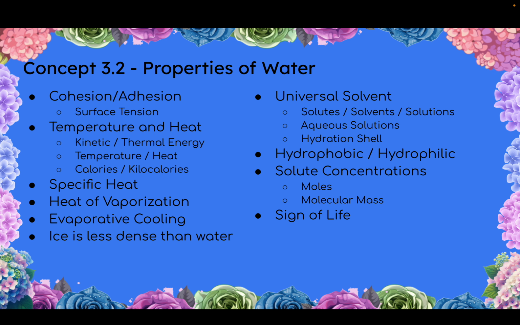Basically, one result of cohesion is surface tension. I'm pretty sure we all know what surface tension is. If you have a glass of water that's really full, then you start dropping water into it, you'll see that it actually goes above the rim, but it sticks together at the top of it, like a really short dome. That's the surface tension of it.